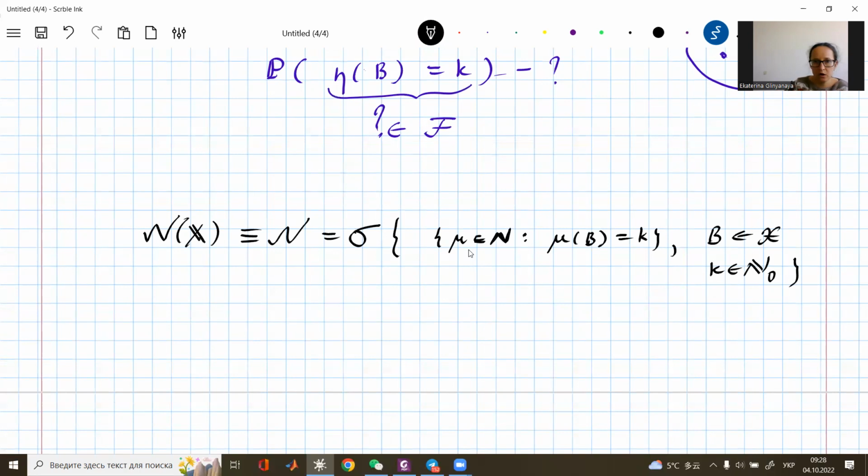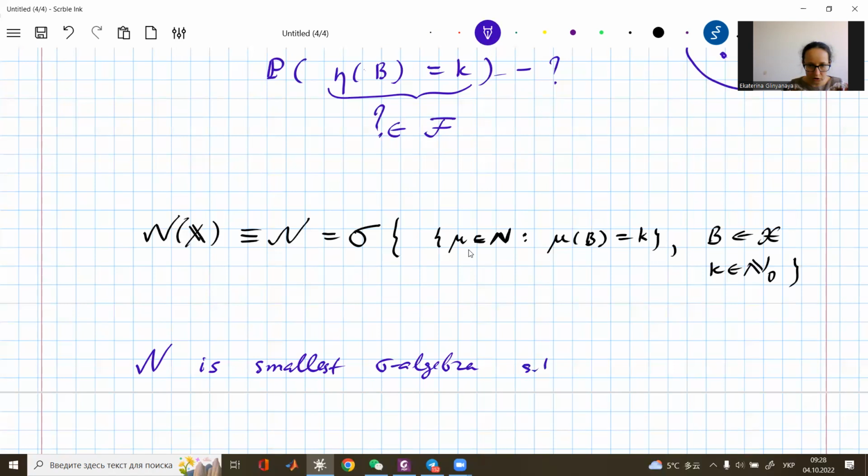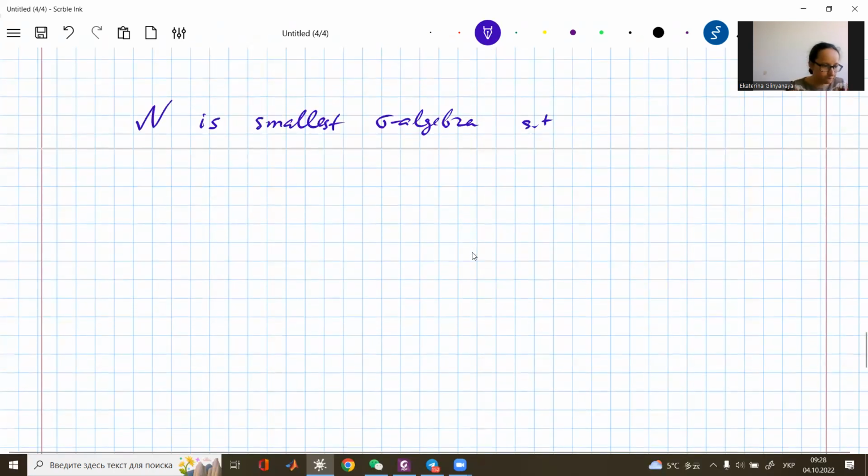It is also useful to know that this sigma algebra N is also the smallest sigma algebra such that the mapping from mu to the value mu(B) is measurable.